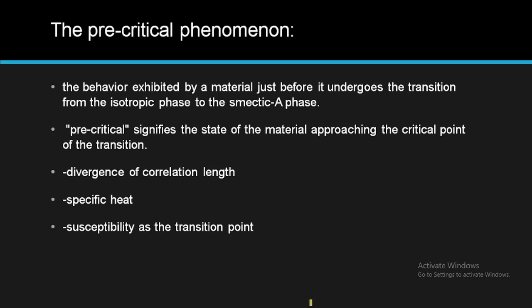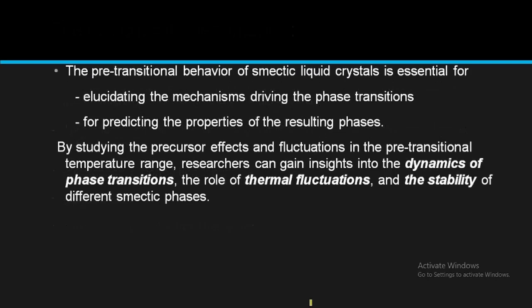Okay, so some of the pre-critical phenomena are the divergence of correlation length, something happens in specific heat, and also there is some speciality in the case of susceptibility at the transition point. Okay, and why is the pre-transitional behavior of smectic liquid crystals important?